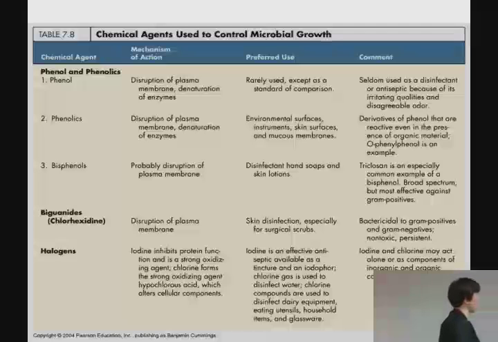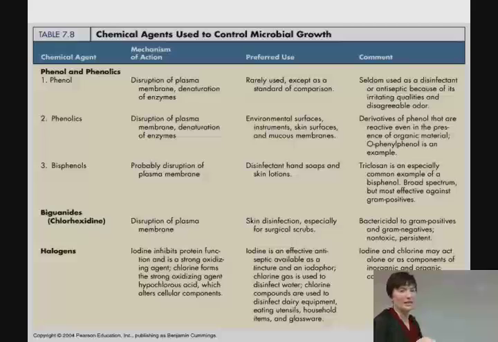So what are the three main targets of all these chemicals? What are the three things we sort of consider? Remember to draw yourself that picture in your head of what is in a cell, typically, and let's draw a prokaryotic cell. What are the three parts of the cell that we could be affecting? We could be affecting the DNA, or the plasma membrane, or what else?